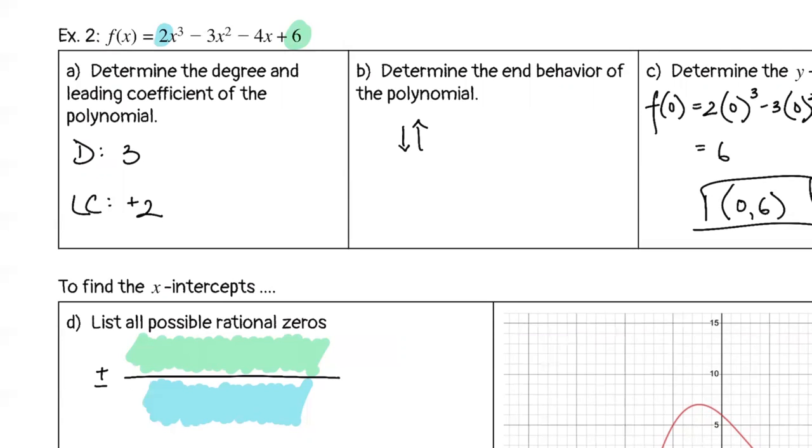I hope for the denominator we get a 1 and a 2, because those are the factors of 2. And on the top, we're going to have 1 and 6, but also 2 and 3.